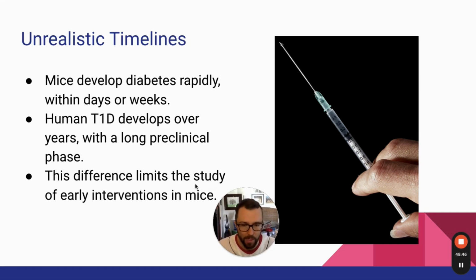We're unsure of the exact timeline for humans. If it's years long, that means our body is in a years long adjustment period. Things are changing, right? It's not just like one day you can process glucose, the next day you can't. You've been losing little bits of it over a very long period of time. And this difference limits the study of early interventions in mice because there is no early development of diabetes. It's boom, diabetes or no diabetes.